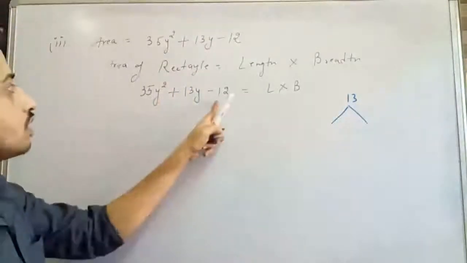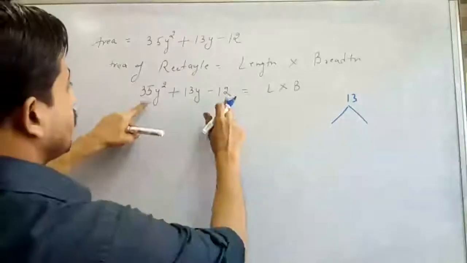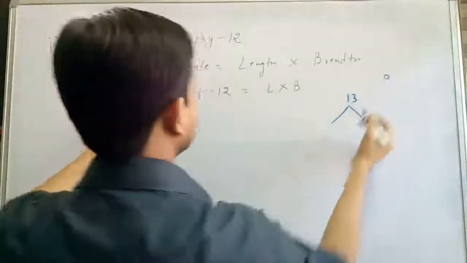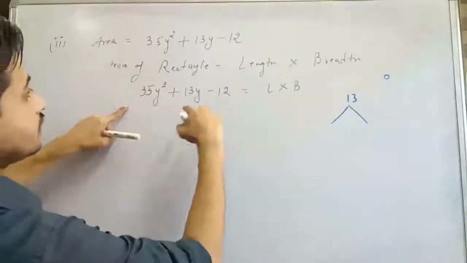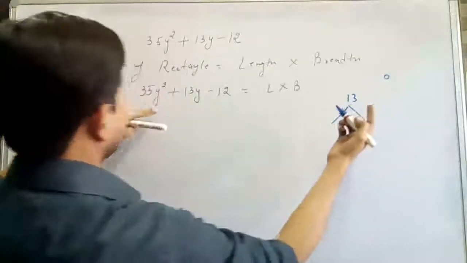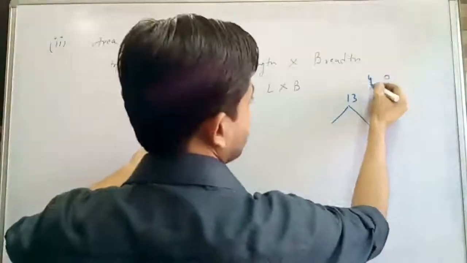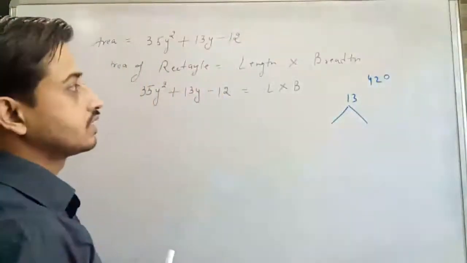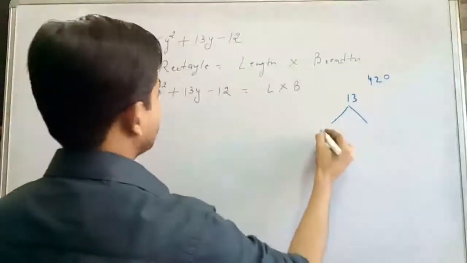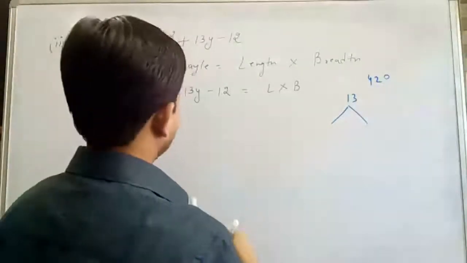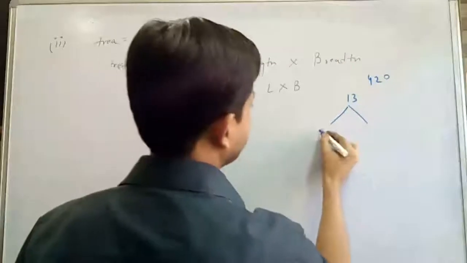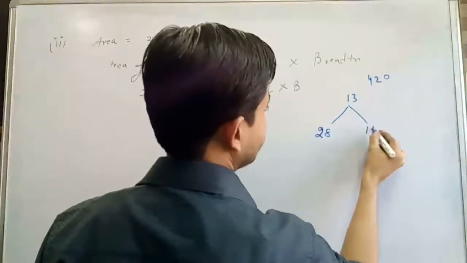Now the product is what? 35 into 12. 12 into 5 is 60, carry 6. 12 into 3 is 36, 36 and 6 is 42, so 420. So what are the factors? I think 28 and 15.